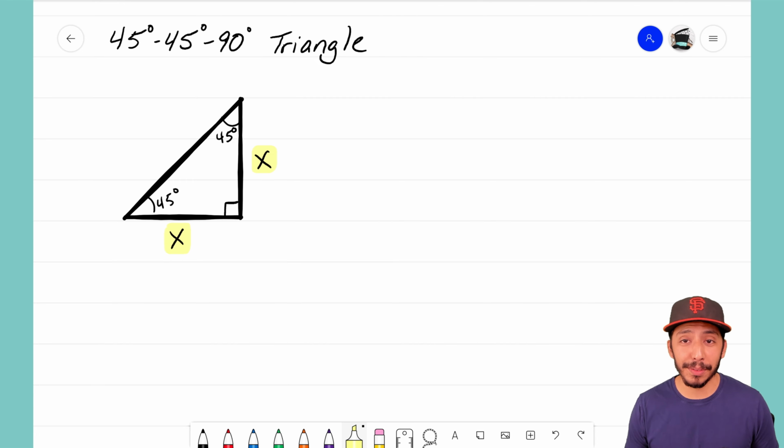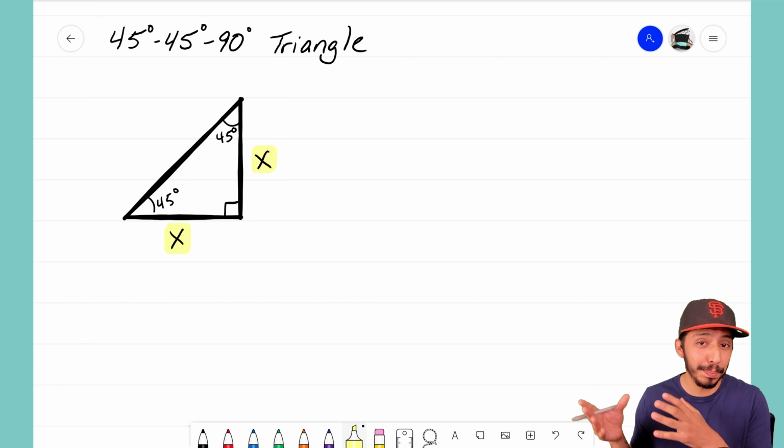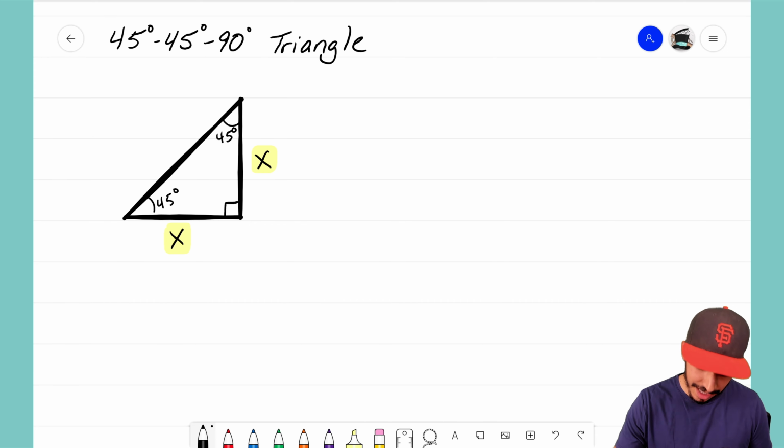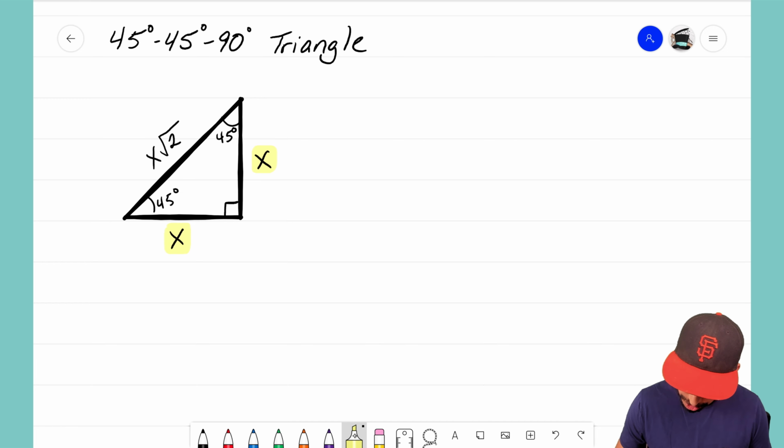Now another fact about these triangles is that we can quickly find the hypotenuse as well. You could just take those values of the legs and plug them into the Pythagorean theorem and solve for the hypotenuse. But if you can remember this, the hypotenuse will always be the leg, in this case x, times the square root of 2.